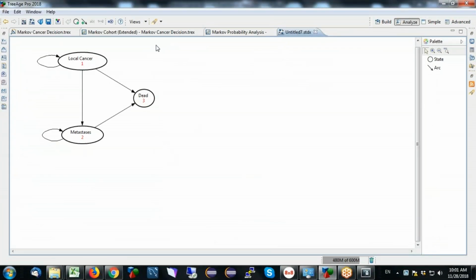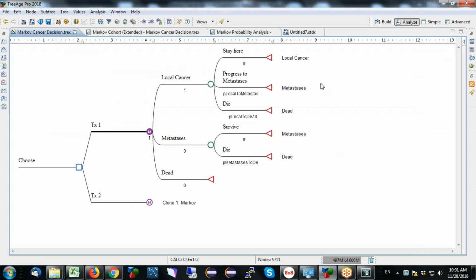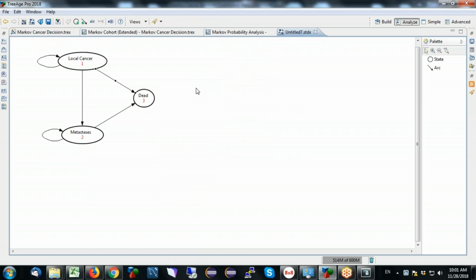You get a state transition diagram representation, which is very nice if you want to have a simple representation, let's say for a poster or a presentation, and that can be useful when the tree gets really complicated and you don't really want people necessarily focusing on every complicated element. But you could change this and reformat it and make these bigger, etc.